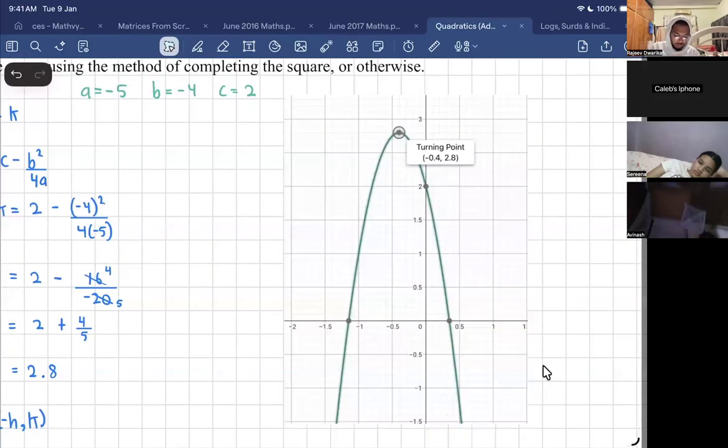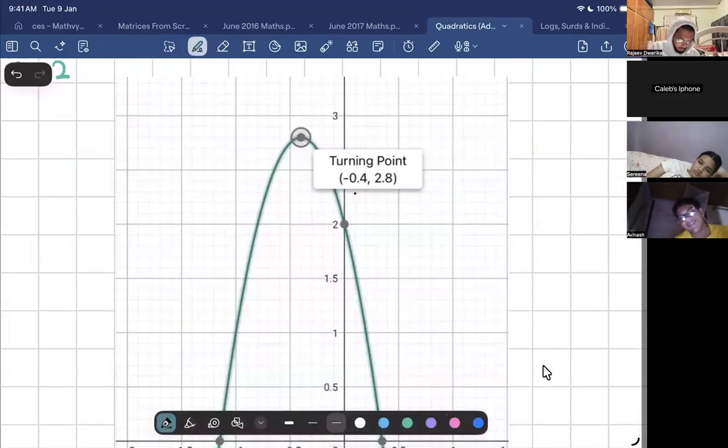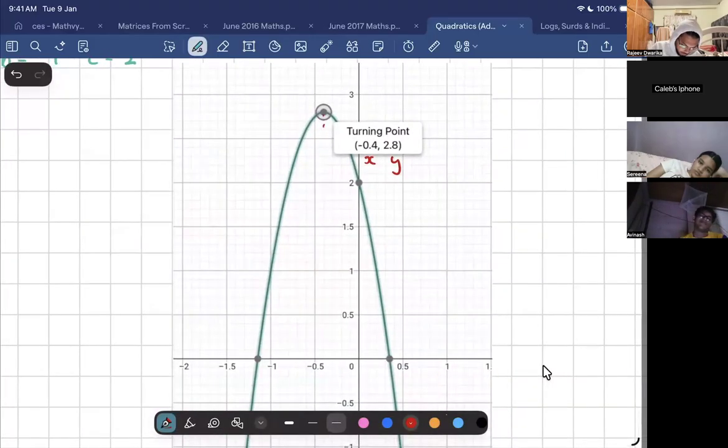Avinash, we just said that the first value is the x value, and the second value is the y value. Do we see the minus 0.4? Yeah, watch.